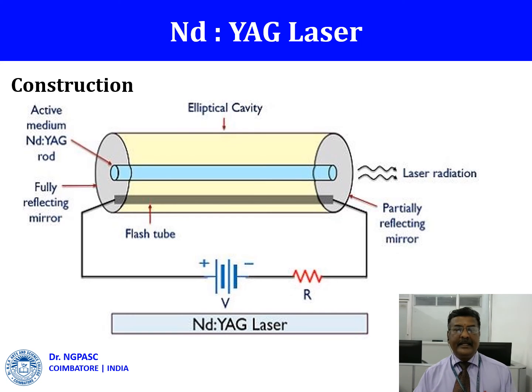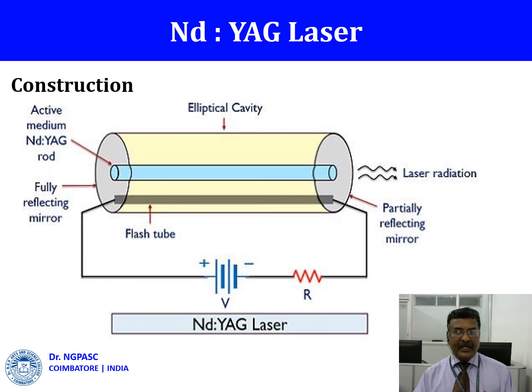In the ND-YAG rod, the yttrium ions are substituted by neodymium ions. Only a small percentage by weight, about 0.725%, of ND ions replaces the yttrium ions in the YAG rod.